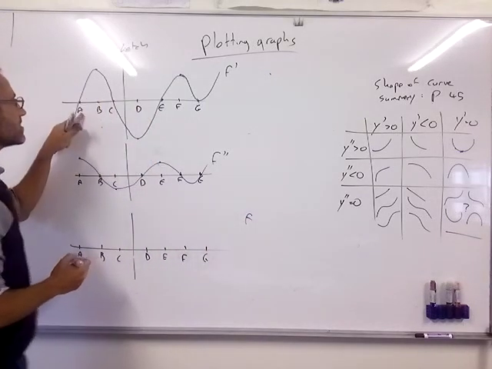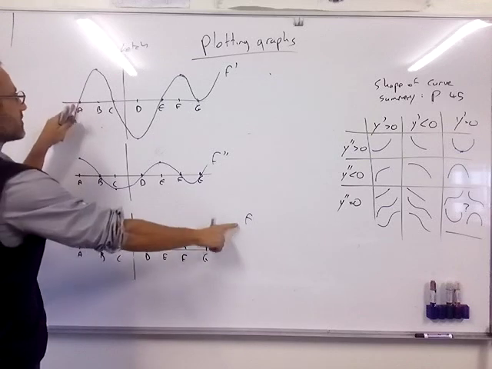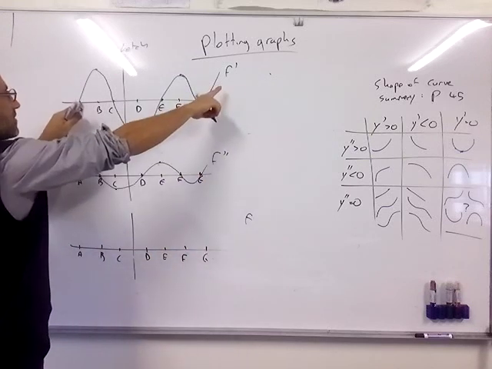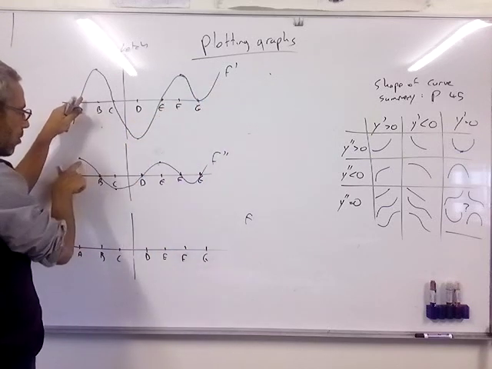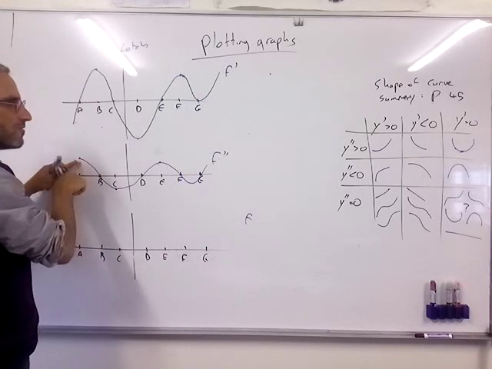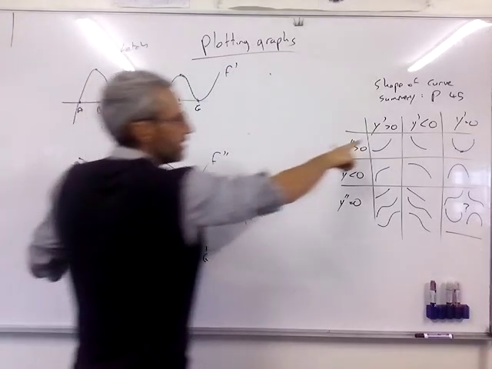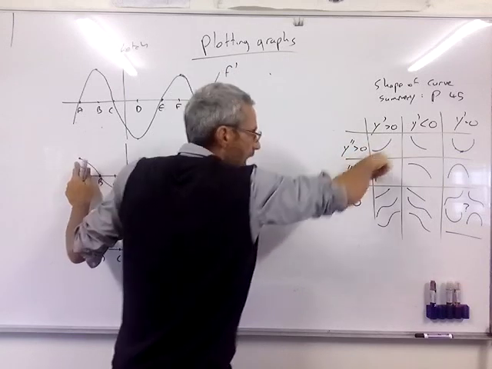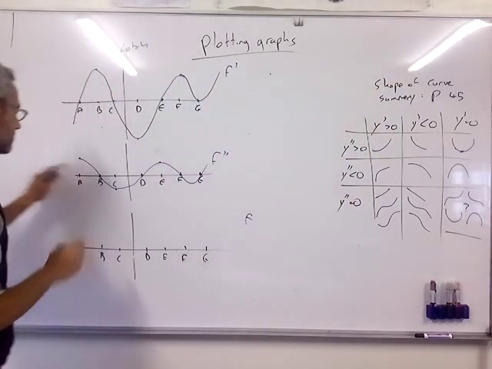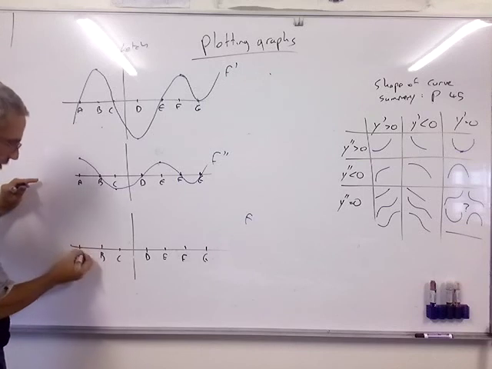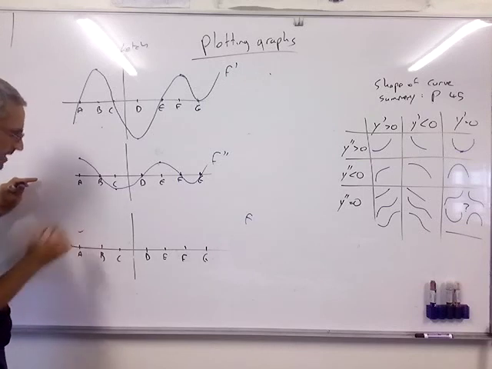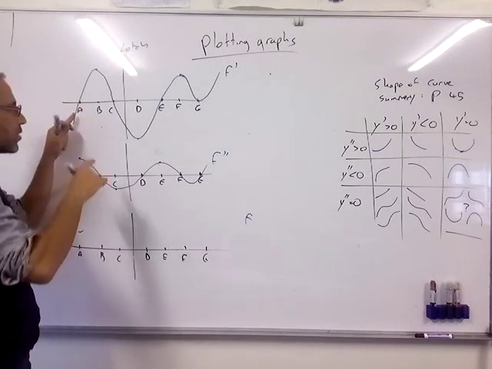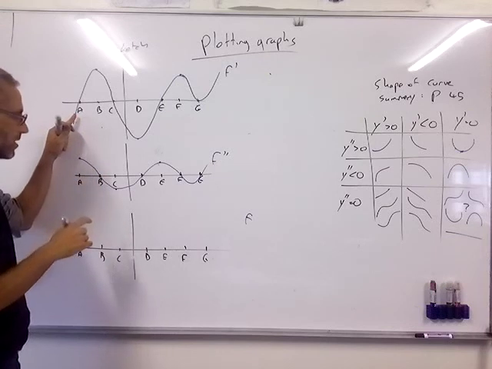So at A, the graph f is going up because the first derivative is positive. But more than that, I know that the second derivative is positive. First derivative positive, second derivative positive: it's concave up. It's increasing upward. I don't know if it's here or there, but it's increasing upward. So this is going to be concave up.